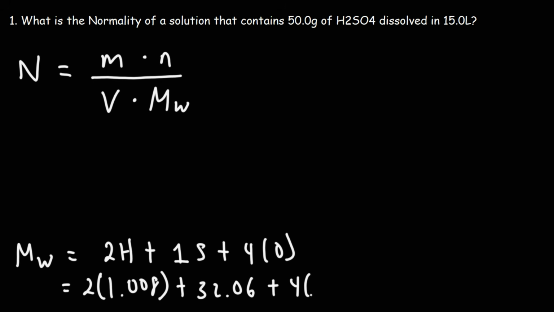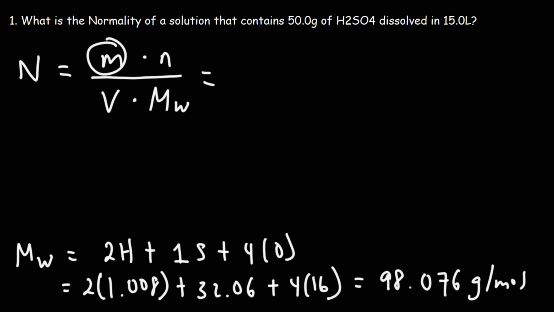And for oxygen, it's 16, based on the periodic table. So let's go ahead and plug in these numbers. So the molecular weight or the molar mass of H2SO4 is 98.076 grams per mole.